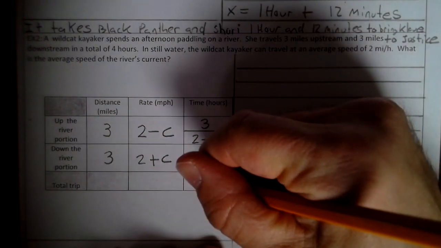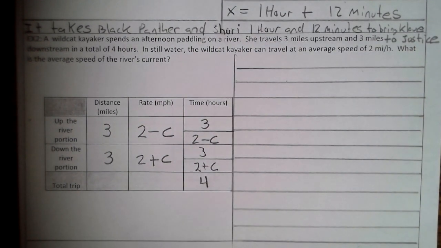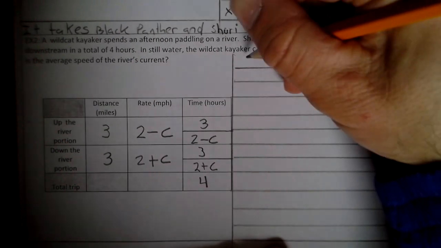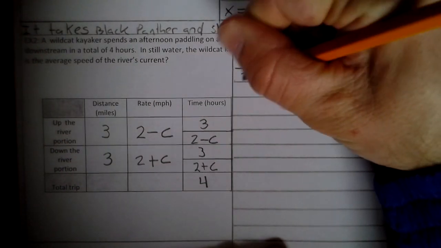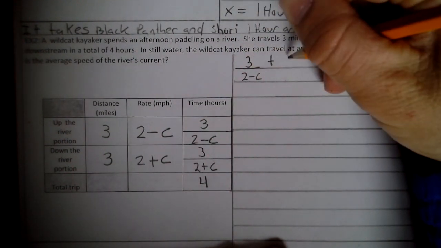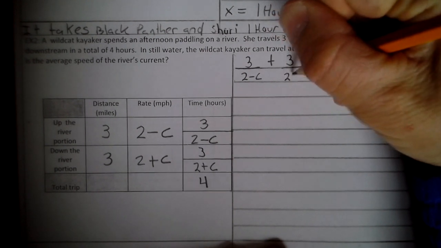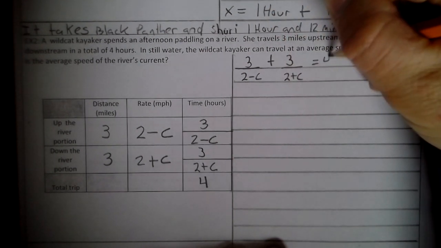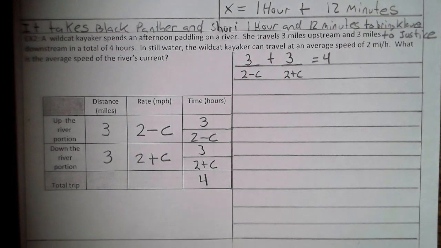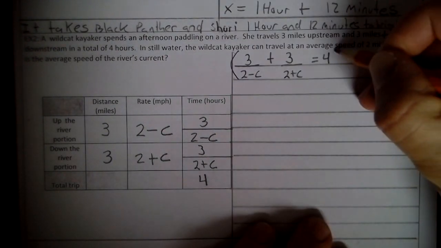Okay, so our equation is 3 divided by 2 minus c plus 3 divided by 2 plus c equals 4. Now we need to multiply by the common denominator, which is 2 minus c times 2 plus c.